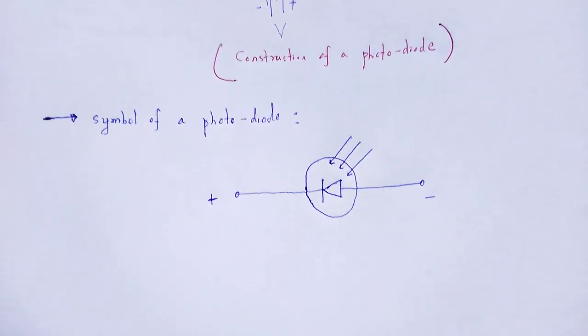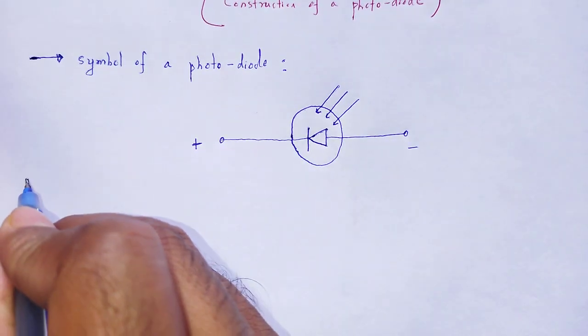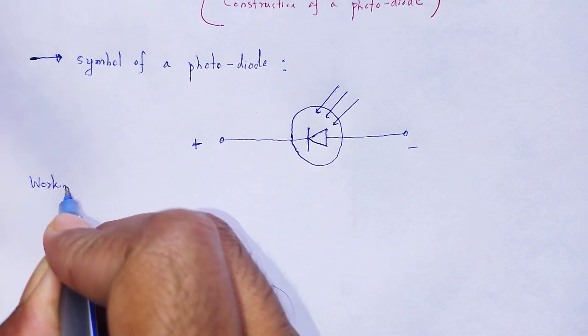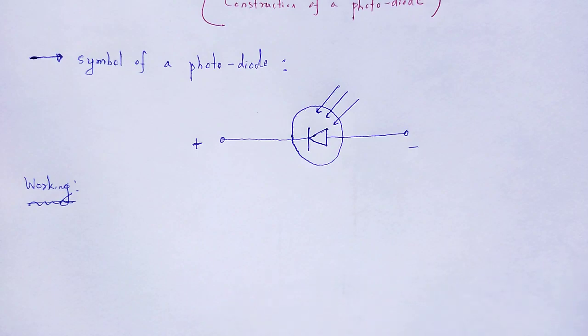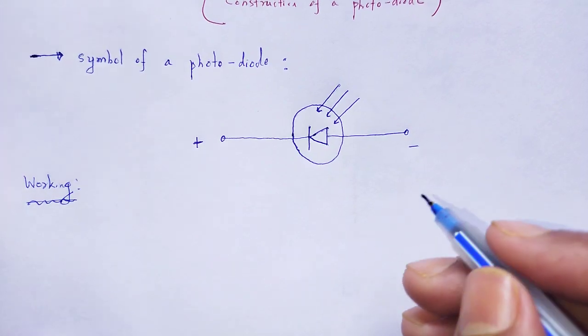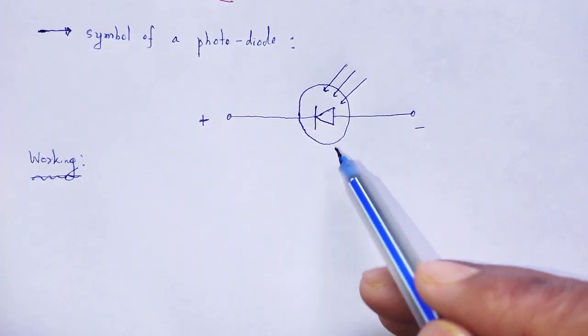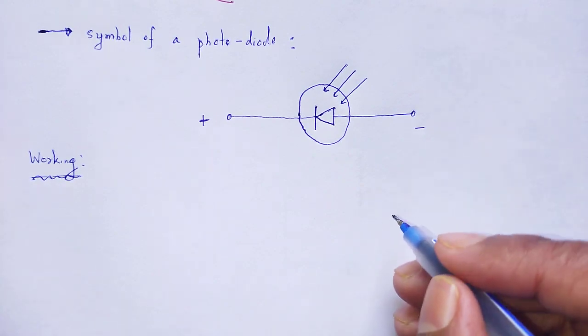Next, working. Now we are dealing with an electronic circuit in which the photodiode is used.